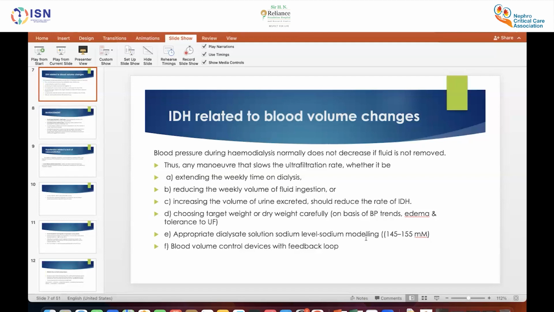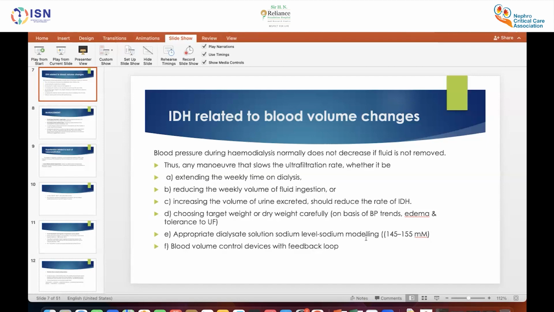Our body is like that. Physiological response is like that. So if the sodium level in your blood goes up, you have intense thirst, you drink more water and dilute the sodium to your normal plasma osmolality, whatever, 140 to 145 milliequivalents per liter sodium concentration. So we have seen people going into this sodium modeling and coming back with an increased amount of weight gain rather than a decreased one.